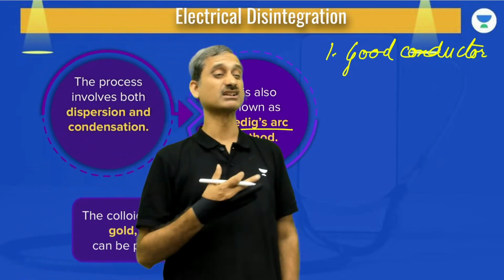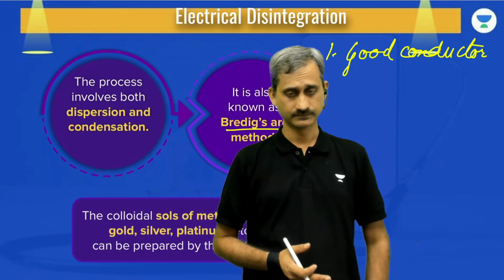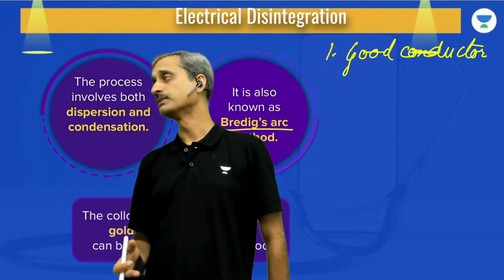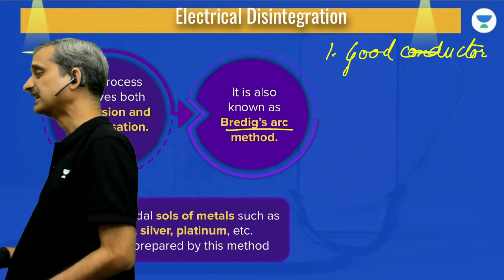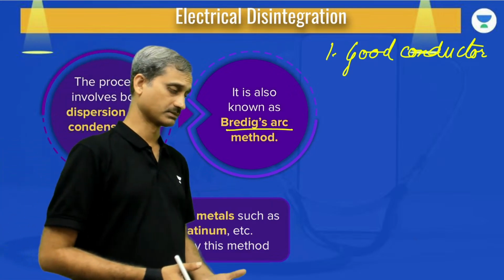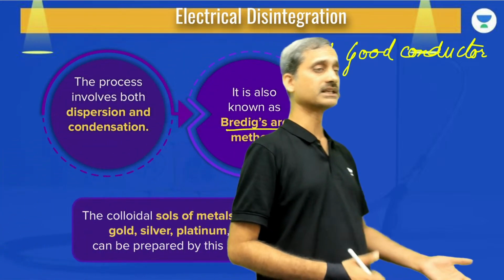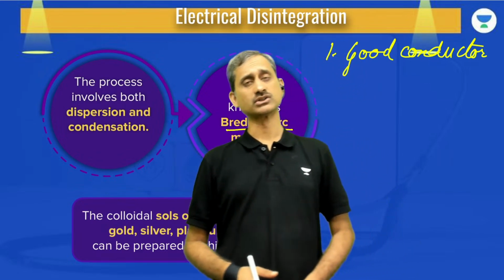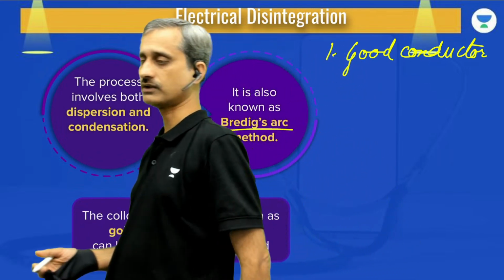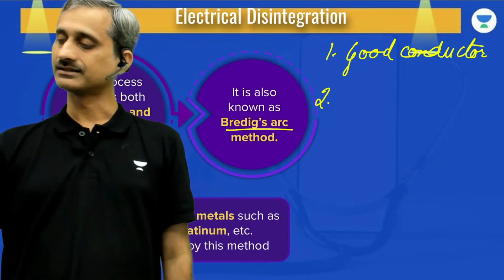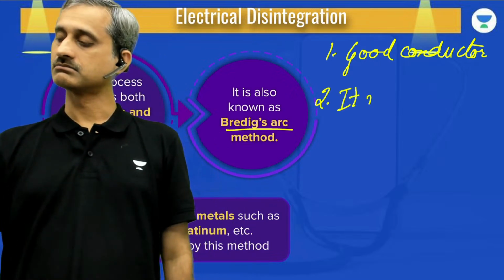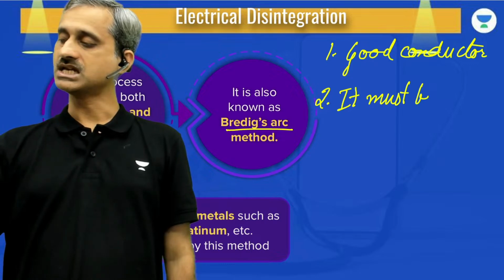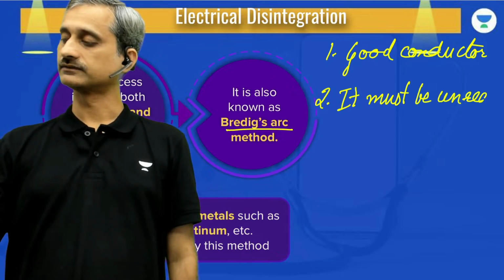So we can't make sulfur colloids using the Bredig arc method. We won't be able to make iodine colloid either. So the Bredig arc method cannot be used for making colloids of substances which are not good conductors of electricity. Second, it must be unreactive.